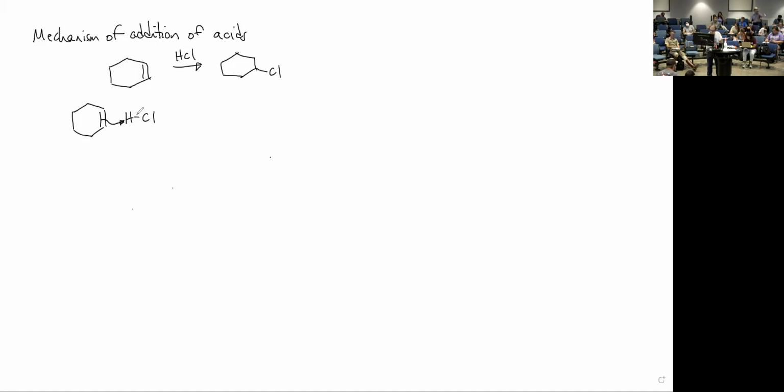And then at the same time, we break the bond between the H and whatever is attached to it. So what we're going to get out of this is either Cl minus or Br minus or I minus or the bisulfate ion, one of those 4 ions. It doesn't matter which. The mechanism is the same for all of them.